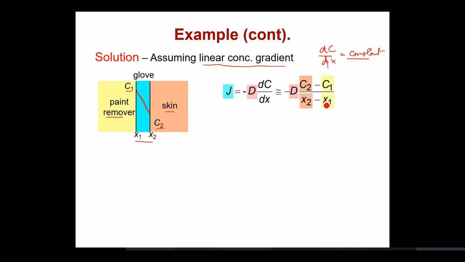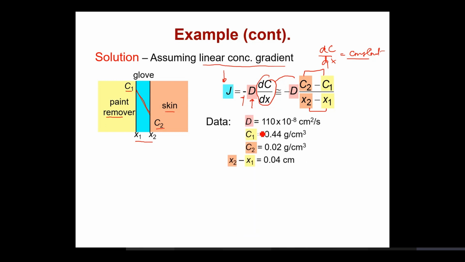With this, you have the relationship J, the flux, is negative of the diffusion coefficient multiplied by the concentration gradient. And the concentration gradient is C2 minus C1 over X2 minus X1.